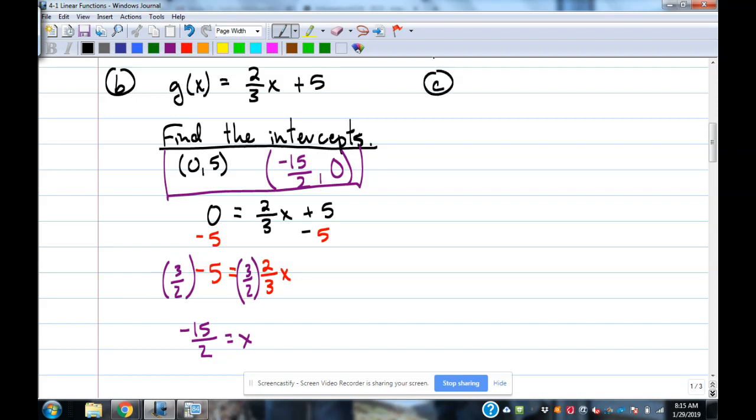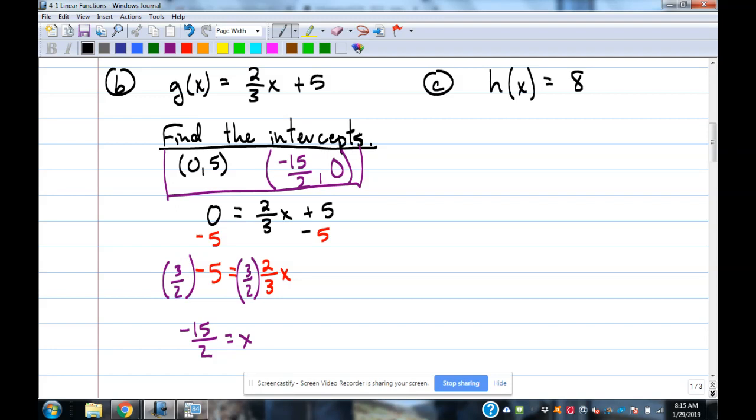Exceptional things that happen with linear functions. There's a linear function, h of x is equal to 8. Let's think about what we know about that equation. Y-intercept 0, 8.